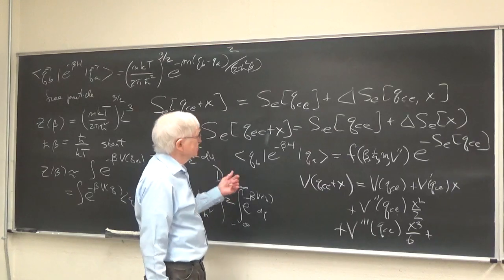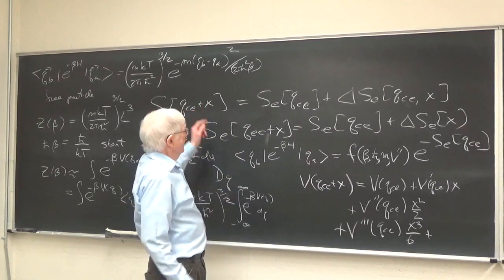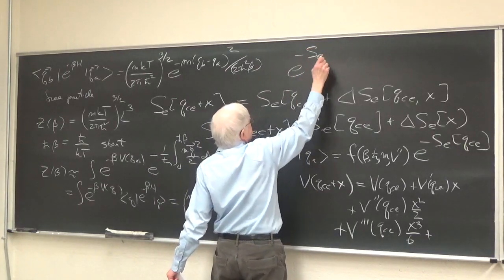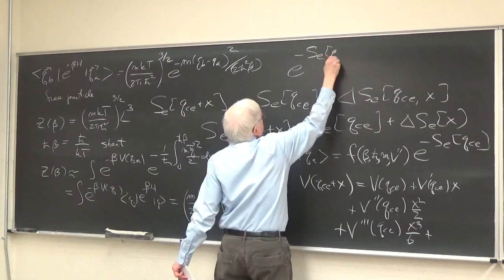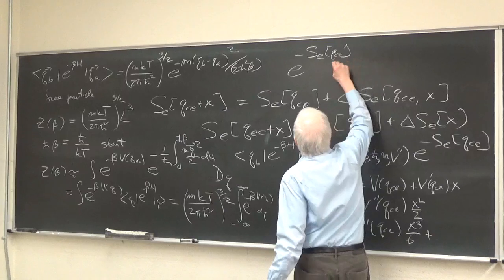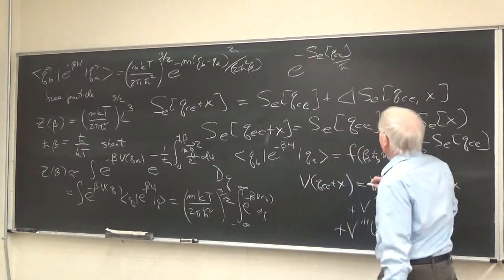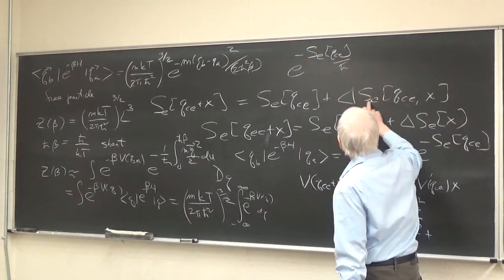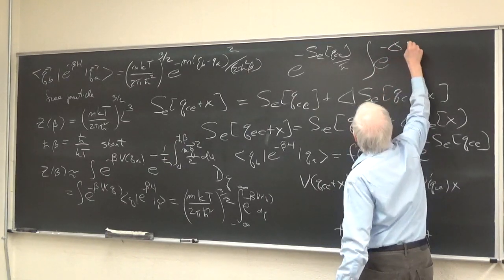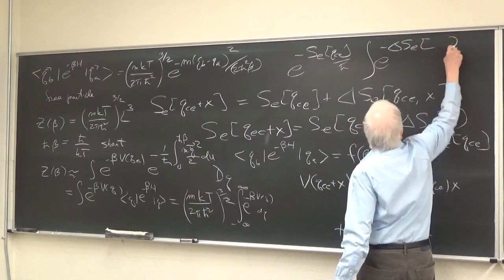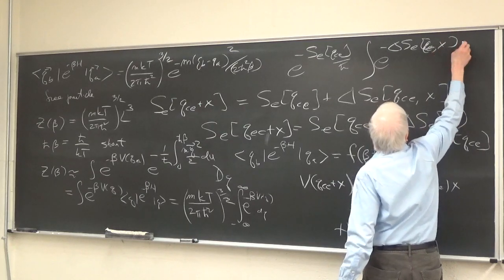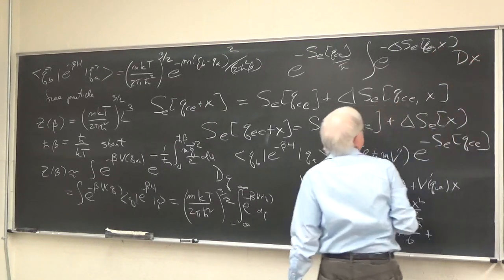In other words, it's still true that the total path integral will be e to the minus S_E of q classical action. And at this point, I don't remember whether we have an h bar or not, but it'd be that plus then a path integral of e to the minus delta S_E, but now this will be a function of q classical Euclidean comma x, dx.